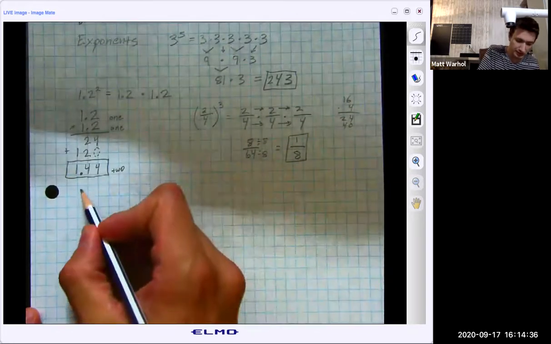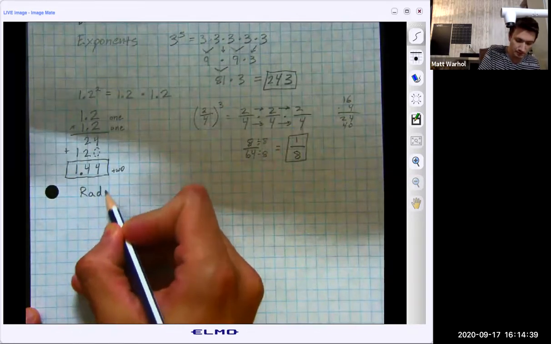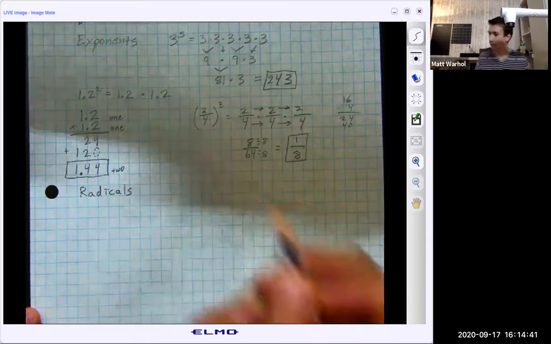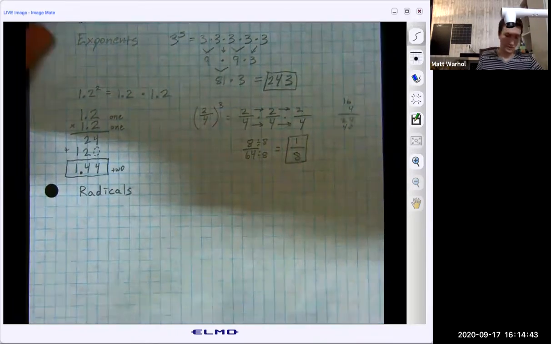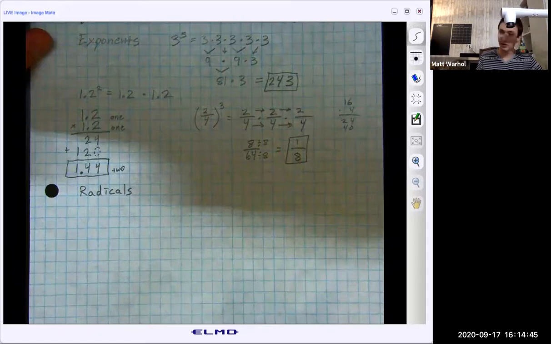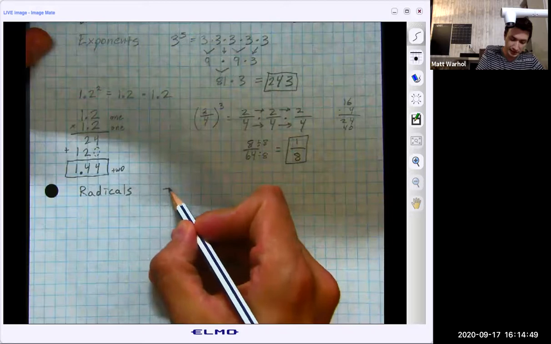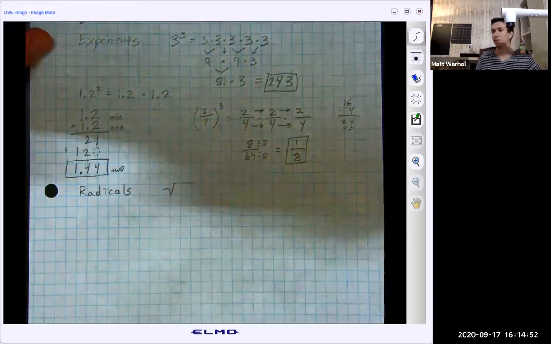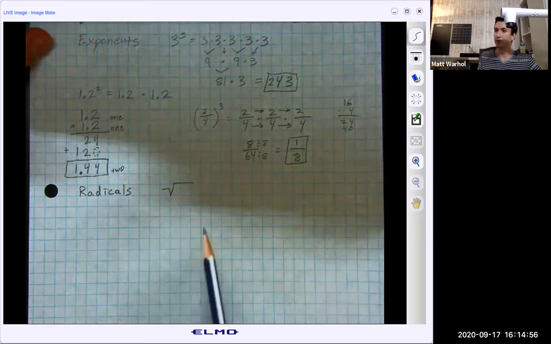So let's see, I will title this radicals. The radical is the name for this symbol right here. Okay, and usually it's a square root symbol.